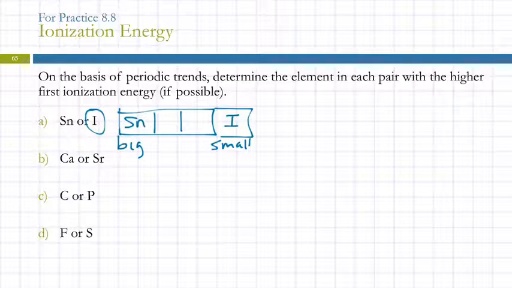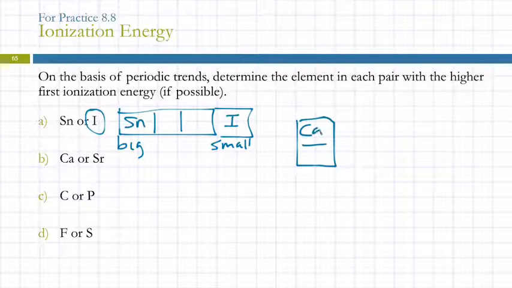Okay, calcium or strontium? So they look like this on the periodic table. Here's calcium, here's strontium. We're looking for higher first ionization energy. It's harder to steal a child from a small family, right? So which of these is smaller? Calcium.